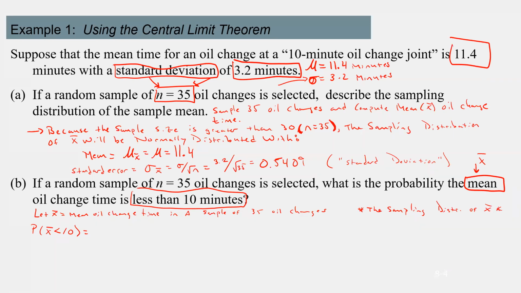Boom, normally distributed. So I'm going to draw the bell curve. It should be centered at 11.4. And I want it to be less than 10. So 10 is over here. And am I going to shade to the left or to the right if I want to be less than 10?